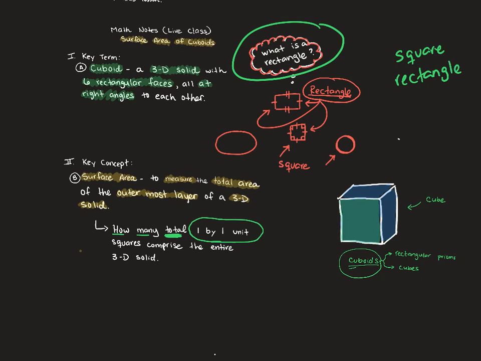The second thing is that a cuboid, and this is important, includes a cube and a rectangular prism. It's like the encompassing term for cube and rectangular prism. And the last thing was that surface area, which is the point of today's lesson, is like if you put a layer of paint, like if you paint a cube, you can only paint the outside layer of it, the outermost layer. That's what we're measuring. Okay, we're measuring only that.